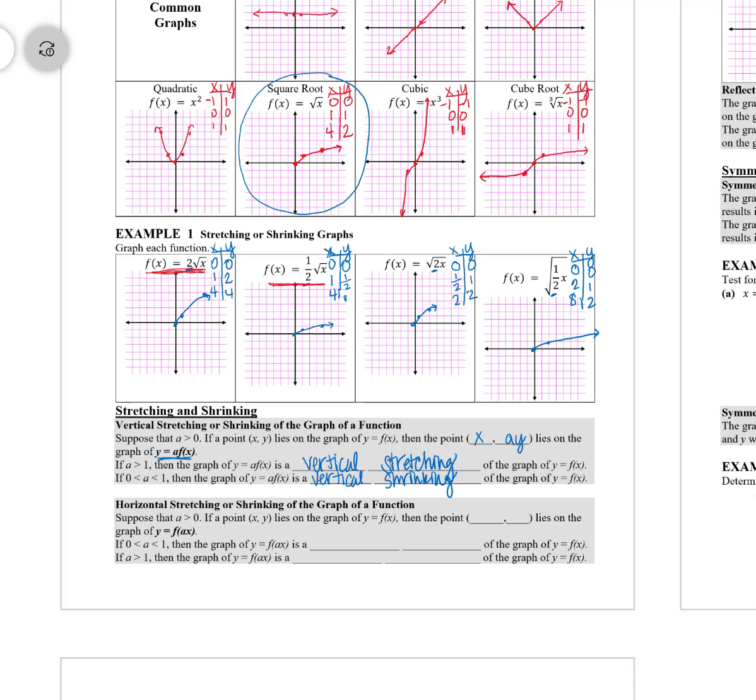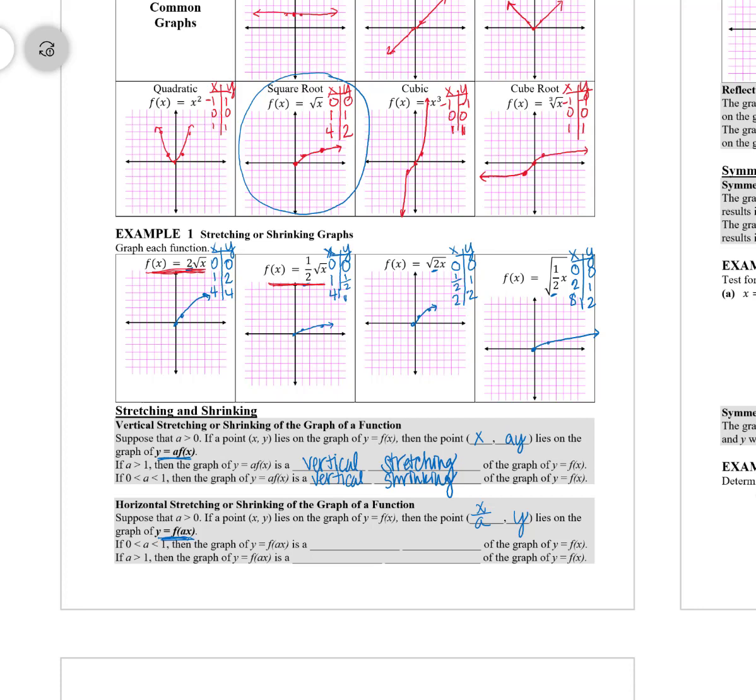And then for our horizontal stretching or shrinking, do you see how we have y is equal to f of a times x? And so this is a little tricky because remember how we chose what values we were going to have for y? And then to get the new x value, we had to take x over a.